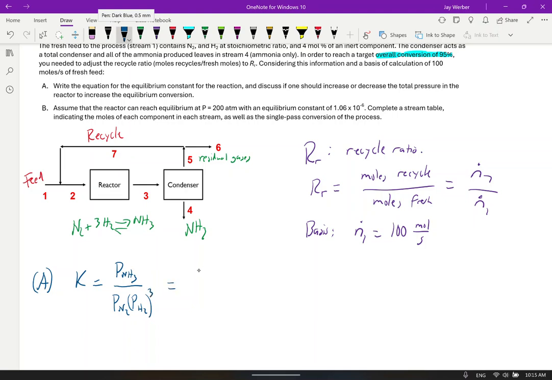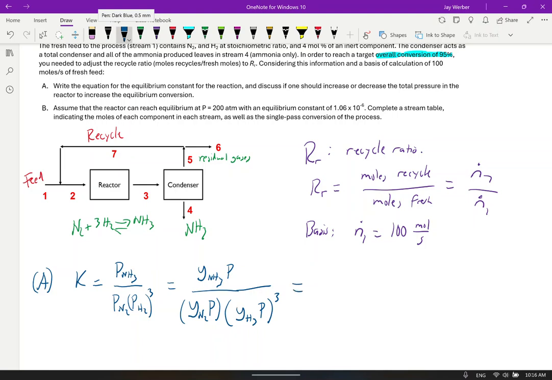And so this means that it's y_NH3 times the total pressure, y_N2 times the total pressure, and then y_H2 total pressure cubed.